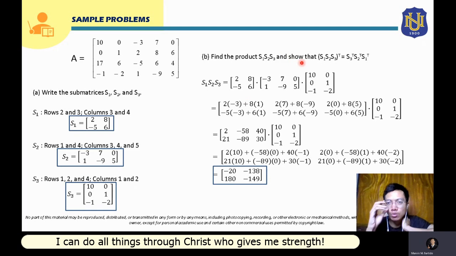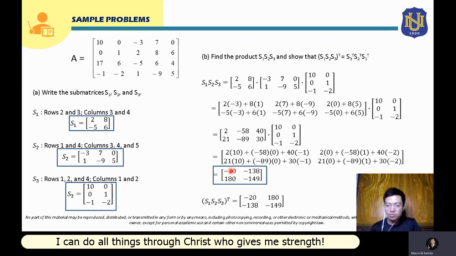Now we are also asked to show that the transpose of S1 S2 S3 is equal to S3 transpose times S2 transpose times S1 transpose. So let's first solve for the transpose of S1 S2 S3. To get its transpose, we just interchange the rows and columns.